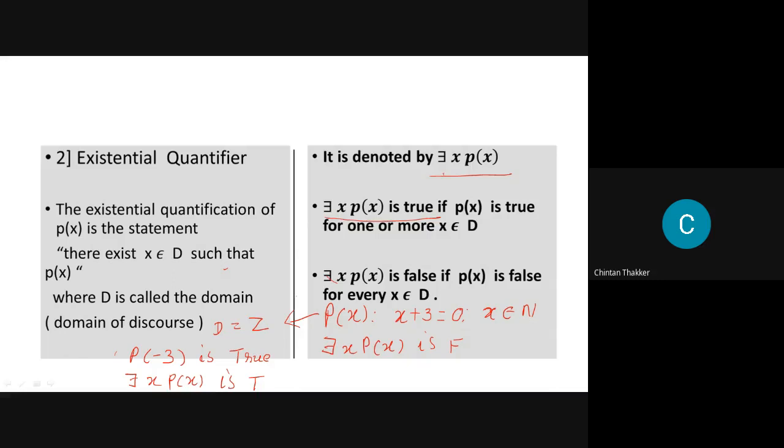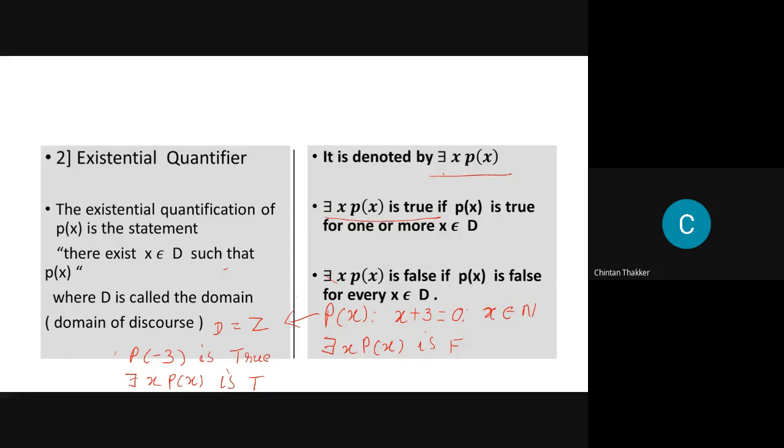In the existential quantifier, if P(x) is true for at least one x belonging to D, then there exists x P(x) is true. For all x P(x) is false if P(x) is false for at least one x belonging to D. Here, there exists x P(x) is false if P(x) is false for all x belonging to D.